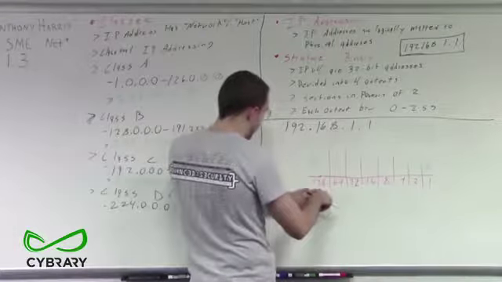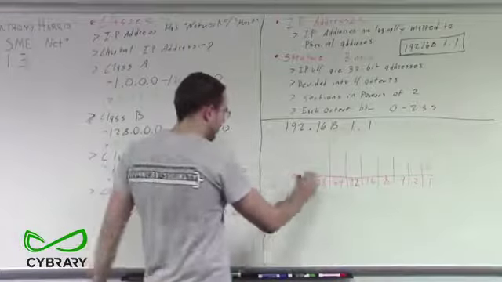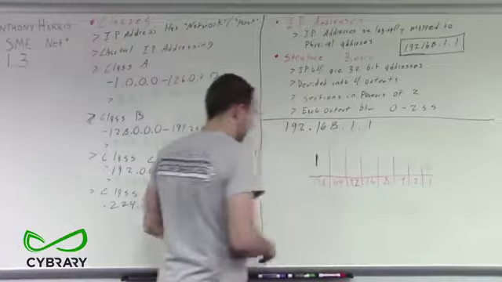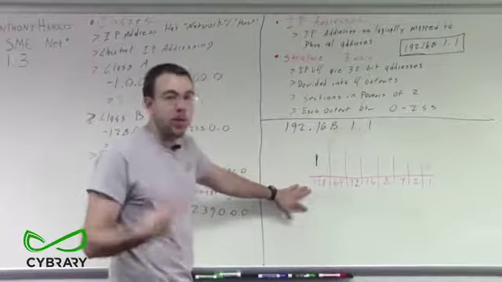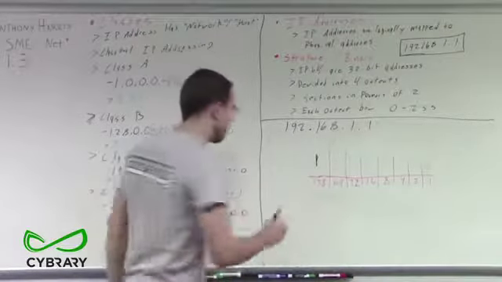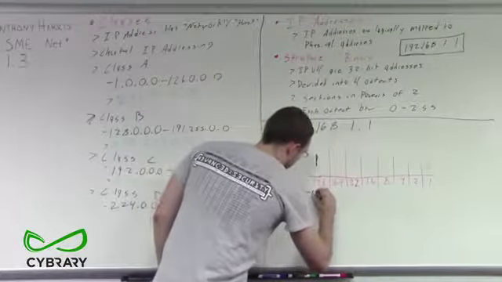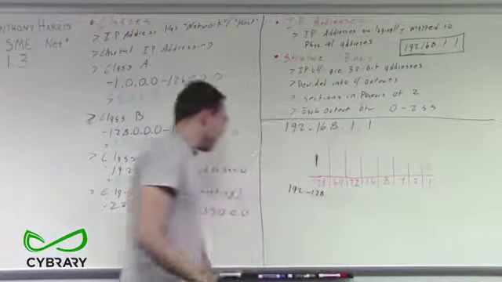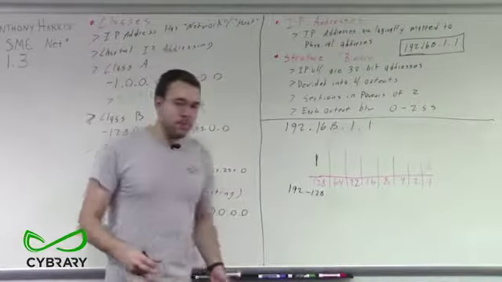So we have 192, and we start from the left. Is 128 smaller than 192? Yes. So we put an on in our 128 place, but we also subtract that 128 from our 192. So we have 192 minus 128, and that's going to leave us with 64.